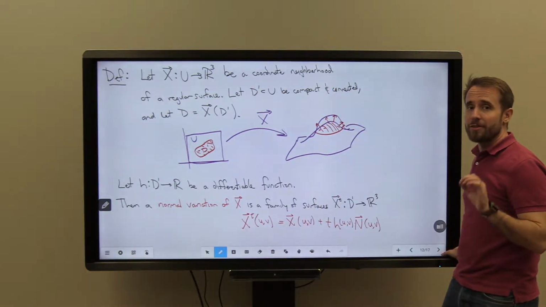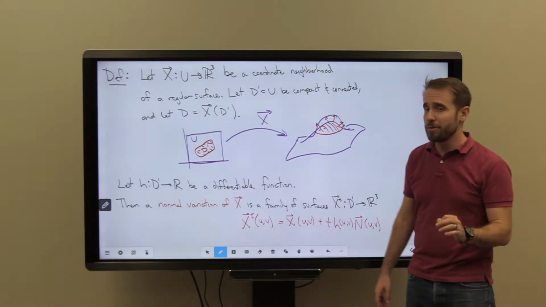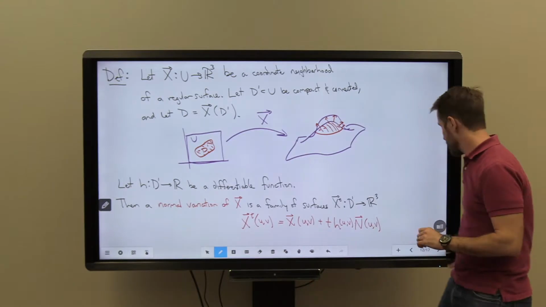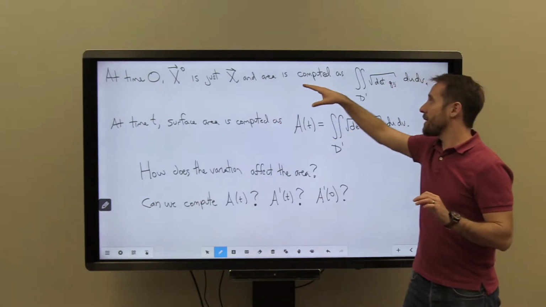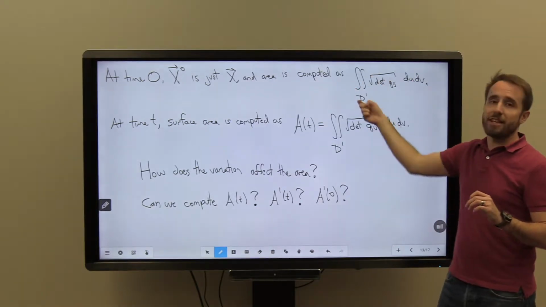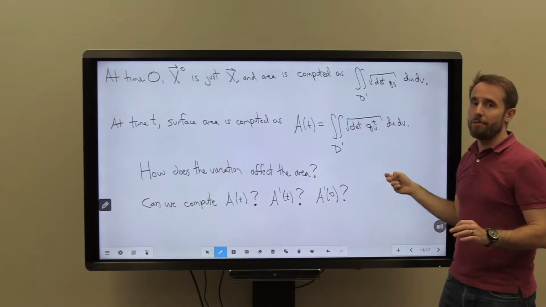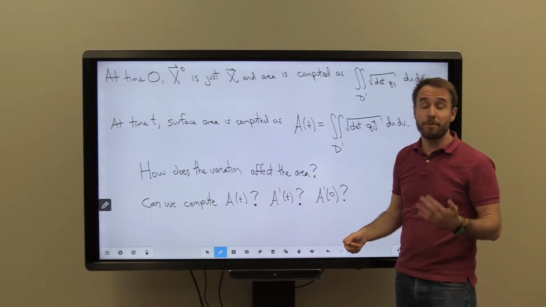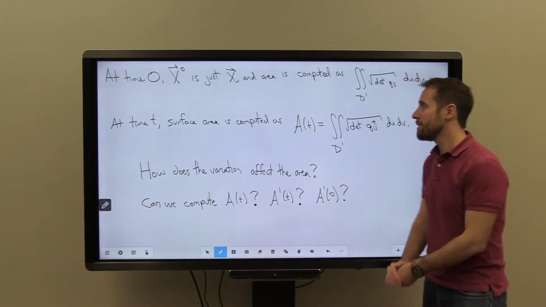So we can ask ourselves, how do our different measurements change? And in particular, because I'm talking about minimal surfaces and hinting about area, at time 0, our area is computed like this. It's an integral over d prime, and it was just the square root of the determinant of the first fundamental form. This is what we learned back when we were looking at the first fundamental form.